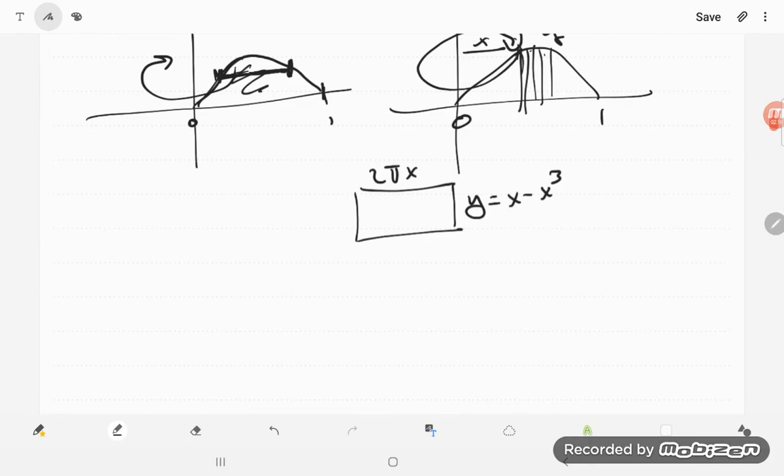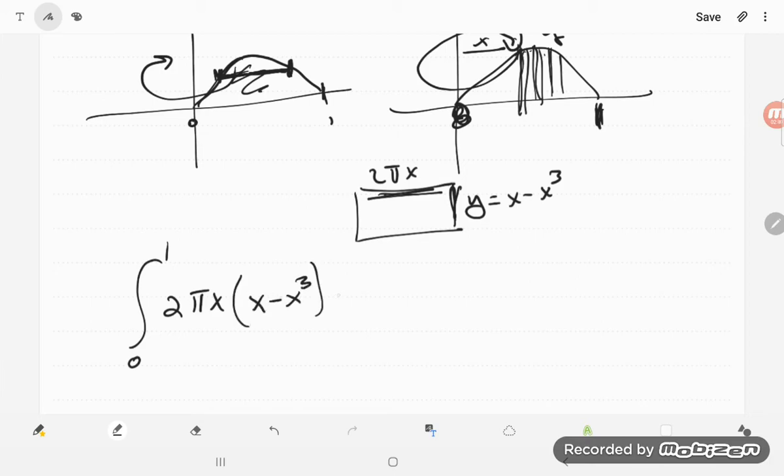And so I just want to add up a bunch of those, so I'm going to go from 0 to 1. So this is an integral from 0 to 1 of my area, 2 pi x, that width, times this height, so times x minus x cubed, and then times the thickness of each little tin can thing, dx.